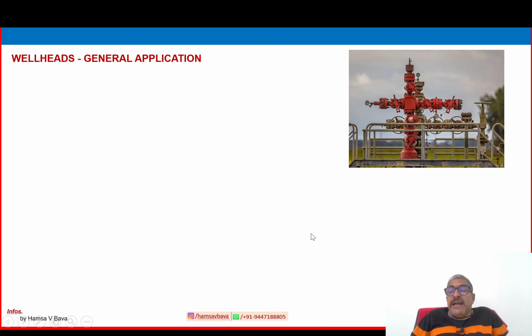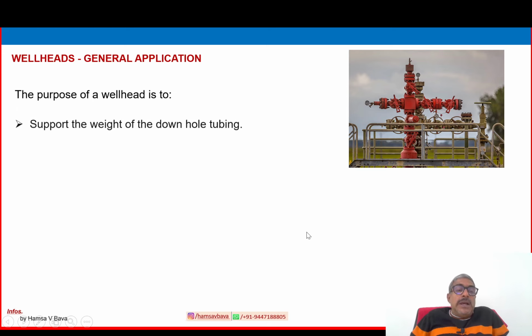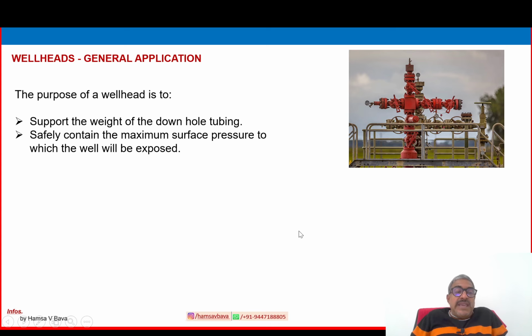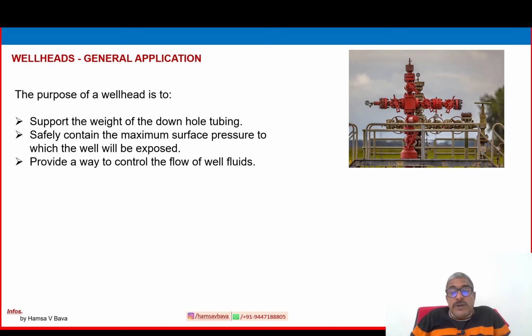In general application, one purpose of a wellhead is to support the weight of the downhole tubing, all our casing and other tubings, and safely contain the maximum surface pressure to which the well will be exposed. So, to control the pressure. It also provides a way to control the flow of well fluid.